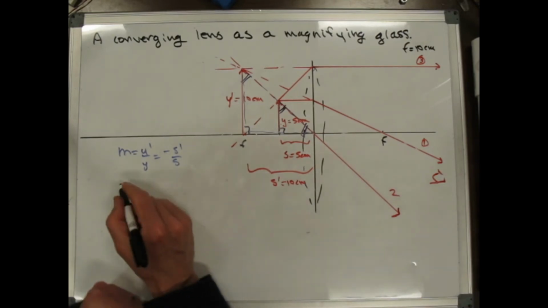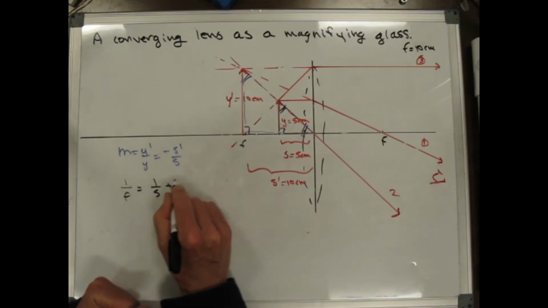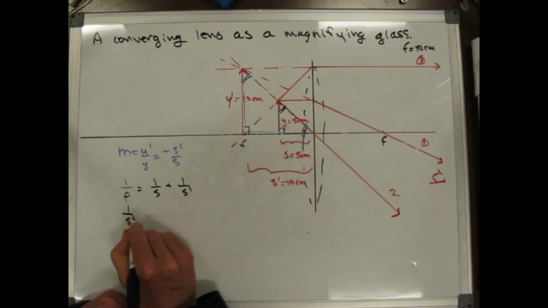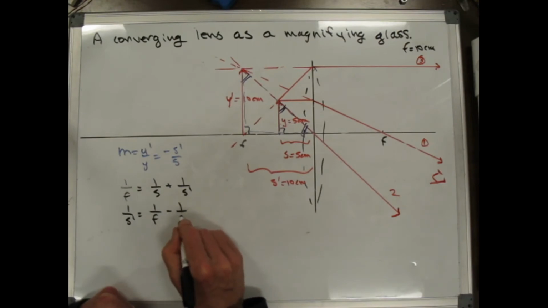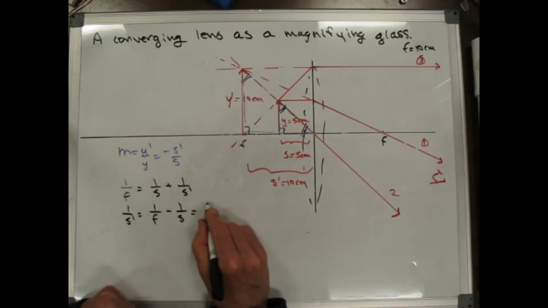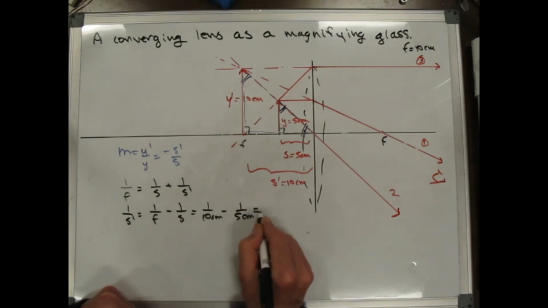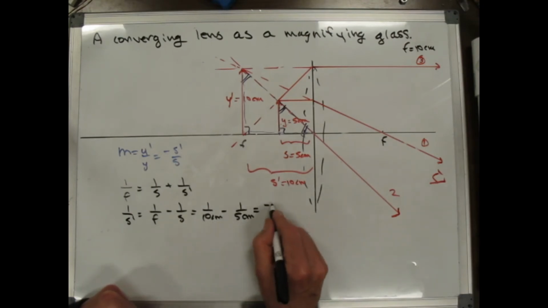And so I'm going to do these calculations we did a minute ago. I'm going to say, look, 1 over the focal length is equal to 1 over the object distance plus 1 over the image distance. And that means 1 over the image distance is equal to 1 over the focal length minus 1 over the object distance, which is 1 over 10 centimeters minus 1 over 5 centimeters, which is 1 over 10 centimeters minus 2 over 10, or just minus 1 over 10 centimeters.